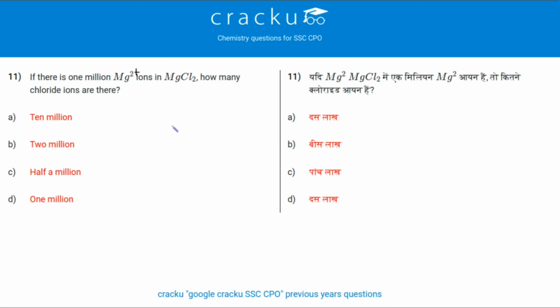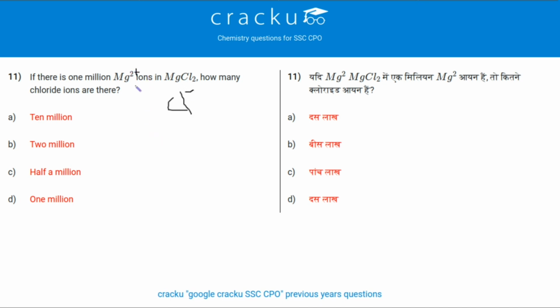If there is 1 mole of magnesium 2 plus ion in MgCl2, how many chloride ions are there? Okay, we know the chloride ion, that is chlorine, has a valency of minus 1, as it is a halogen, that is written as Cl minus.